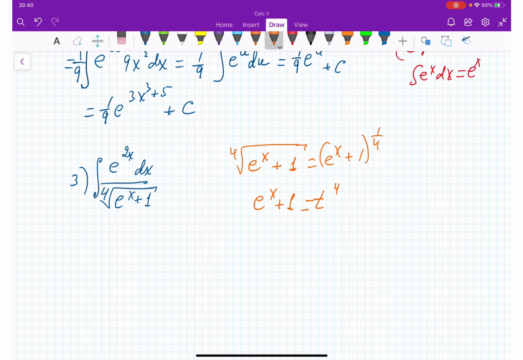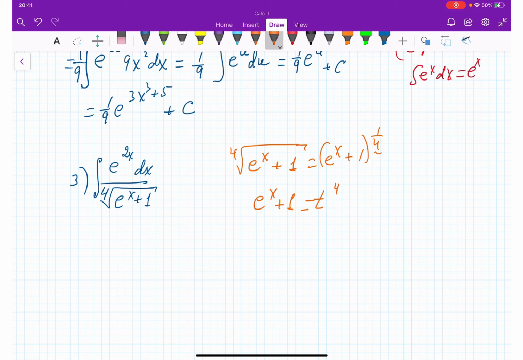This 4 I took from this 4, it's the common denominator. Remember in the last video we had common denominators 3 and 4, and the substitution was t to power 12. This time it's going to be t to power 4.